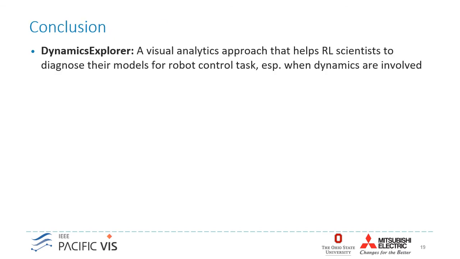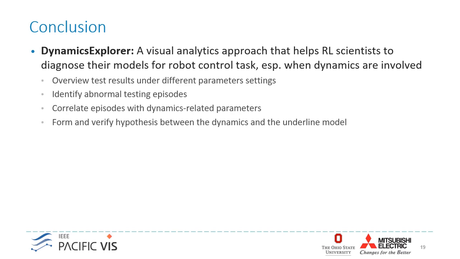In conclusion, in this paper, we present DynamicsExplorer, a visual analytics approach to help reinforcement learning scientists to understand and diagnose their model for robot control tasks, especially when dynamics are involved. With DynamicsExplorer, scientists can overview the behavior of their model under different parameter settings, which helps them to identify abnormal cases. They can correlate the test result with the dynamics-related parameters.